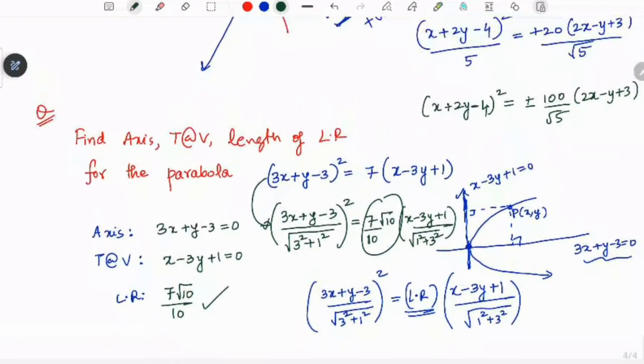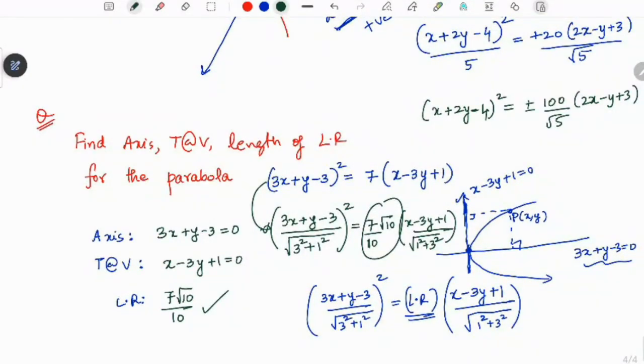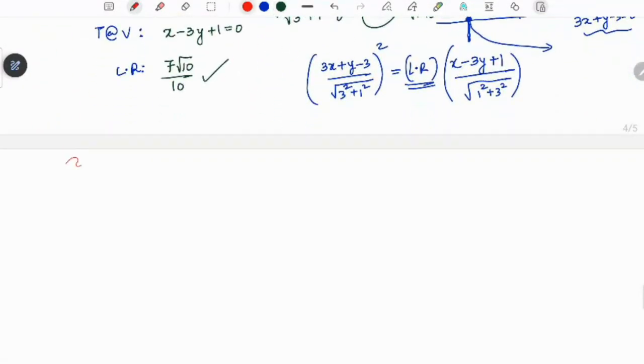All right. So one more question: find the axis, tangent at vertex, and latus rectum length. If you do this question, you have understood all the concepts till here.